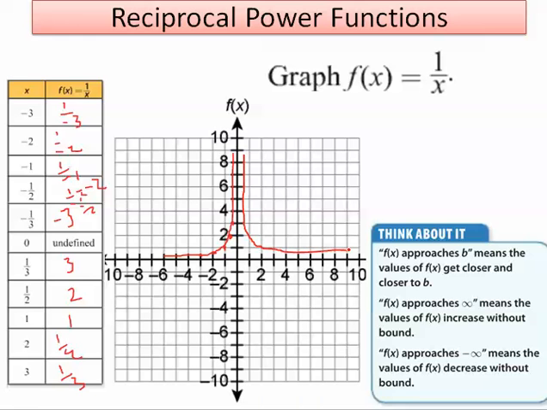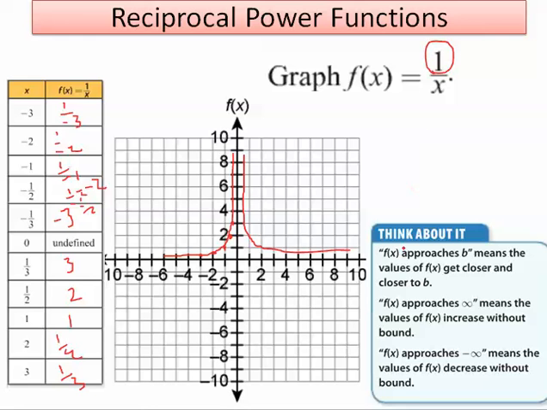Okay. So what we say when we're doing this is we say that f of x approaches the b value. Well, what are we talking about with that b? Well, b is this value up here at the top. Whatever this is. It's approaching 1? No, that's not right.